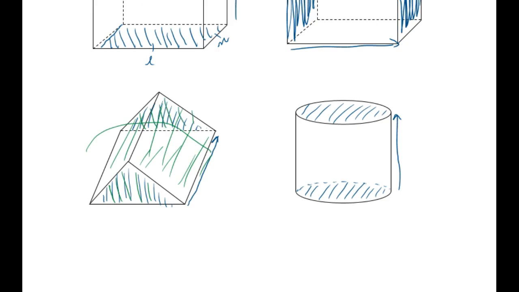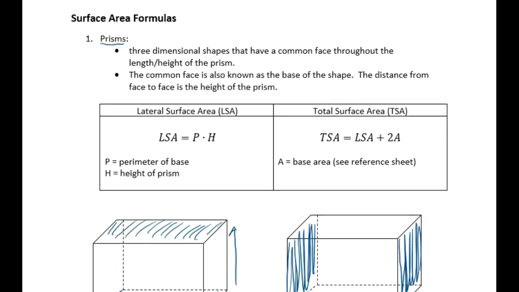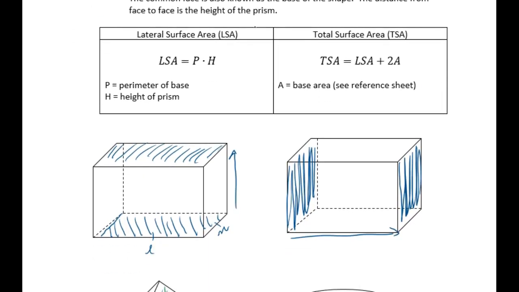We have a pretty standard formula associated with prisms. For lateral surface area, or LSA, we have P times H, where P is the perimeter of the base shape and H is the height of the prism.